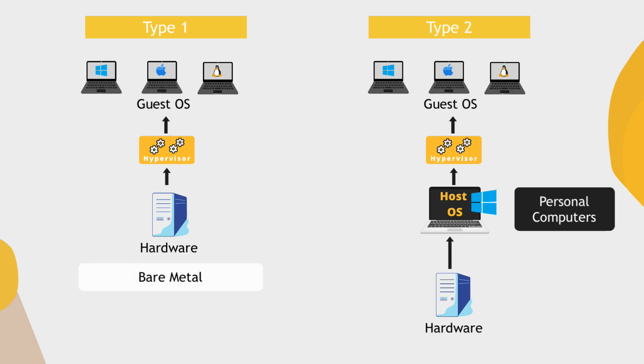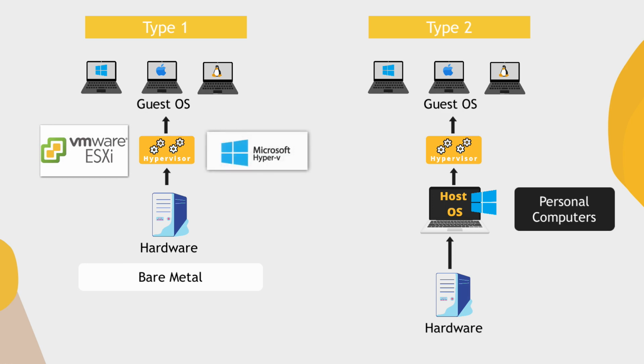So the hypervisor actually controls the hardware resources instead of asking the host operating system whether it can borrow the resources for its virtual machines. So it sits directly on top of that hardware and controls everything. And some of the popular examples of type 1 hypervisors are VMware ESXi or Microsoft's Hyper-V.